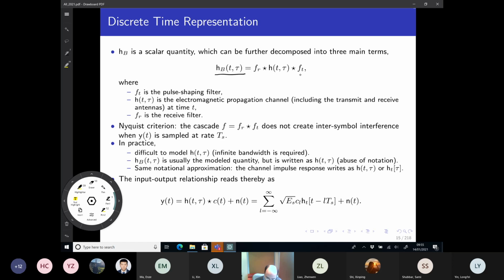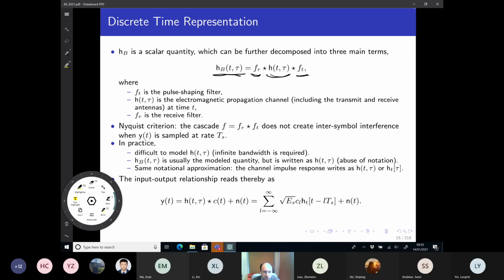We have the pulse shaping filter at the transmitter, we have a pulse shaping filter at the receiver, and then we have the impulse response of the true channel itself, so the electromagnetic channel. So what we have with h_B is already the channel impulse response, but that includes some of the filtering that you have at the transmitter side and the receiver side.